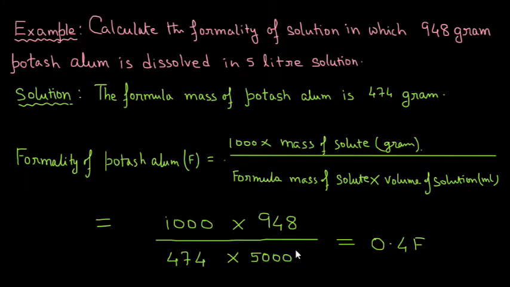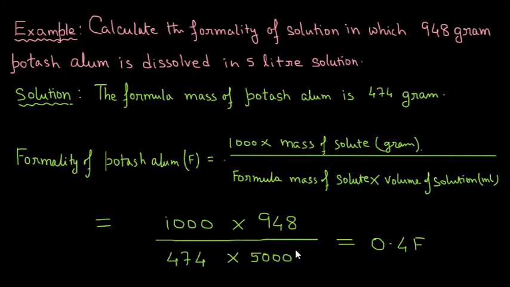In our case, we'll put 1000 multiplied by 948, since it is given in the question that 948 gram of potash alum is dissolved in 5 liter solution. So we have put mass of solute in gram as 948. Again, formula mass of potash alum is 474.